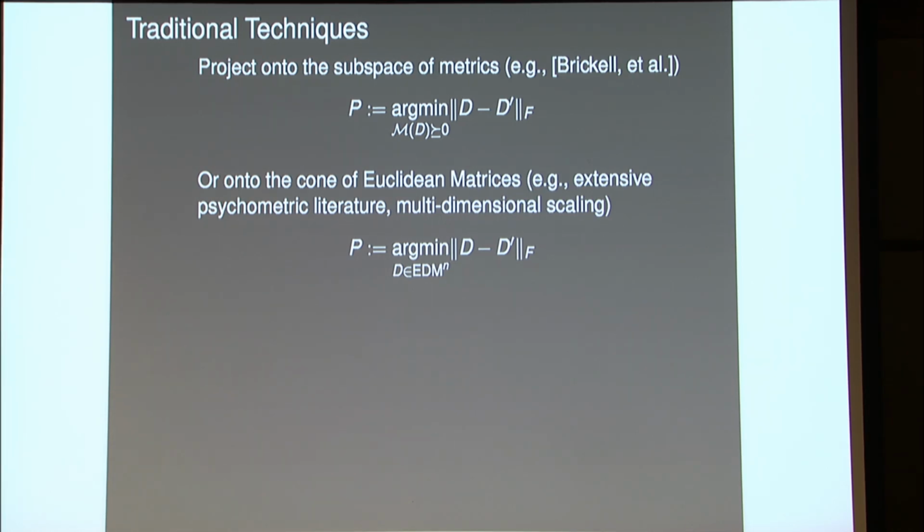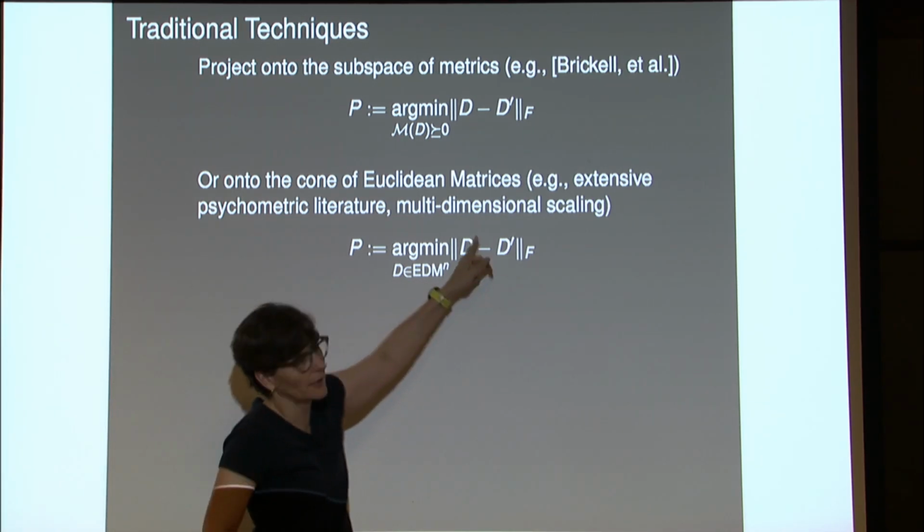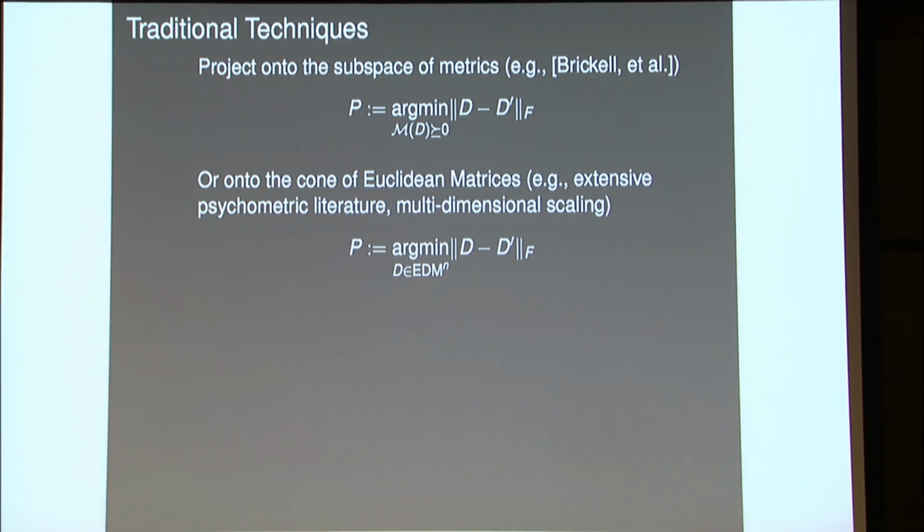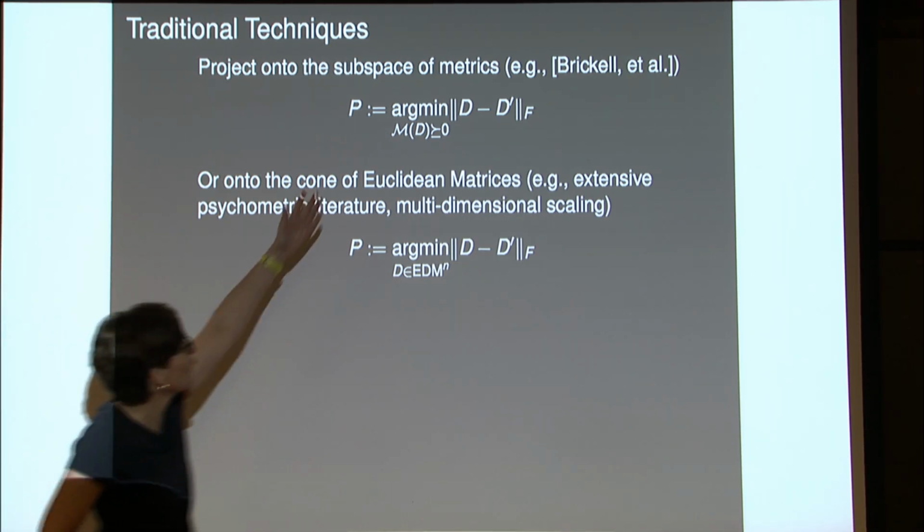Again, this is the closest Euclidean metric, closest in the L2 sense. This is what multidimensional scaling is. It's used extensively in the psychometric literature. It goes back even further than 2007.